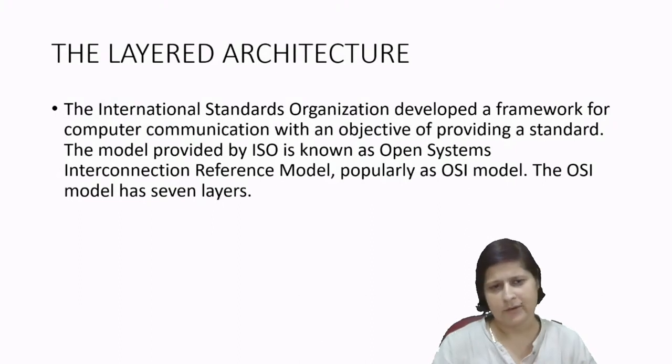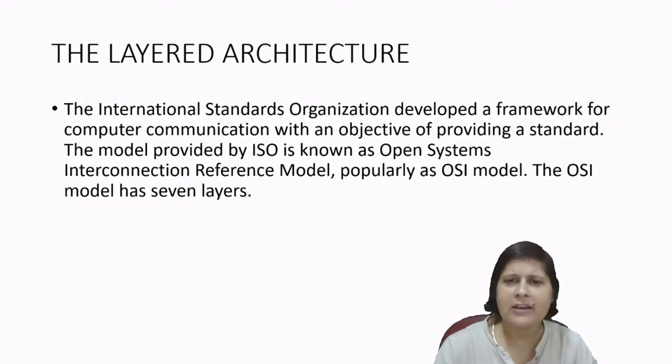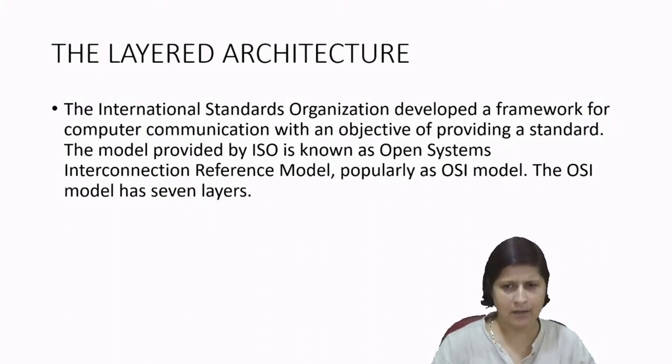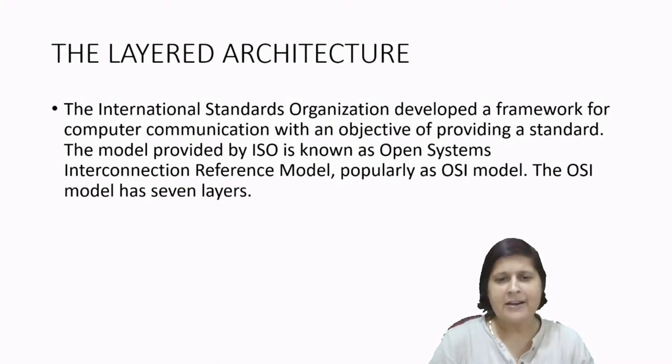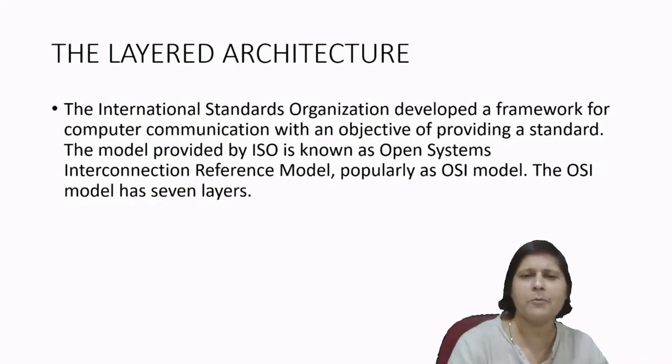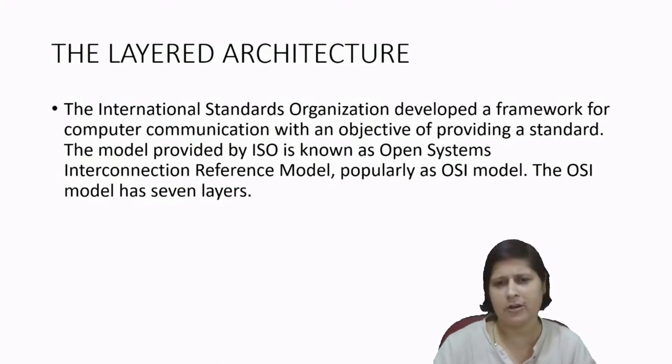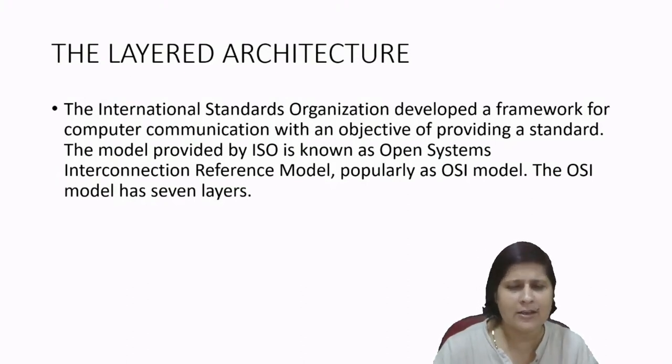Layered architecture. This architecture is very important. The International Standard Organization, that is ISO, developed a framework for computer communication: how one computer will communicate with another computer. As I said, there are protocols which everyone has to follow.